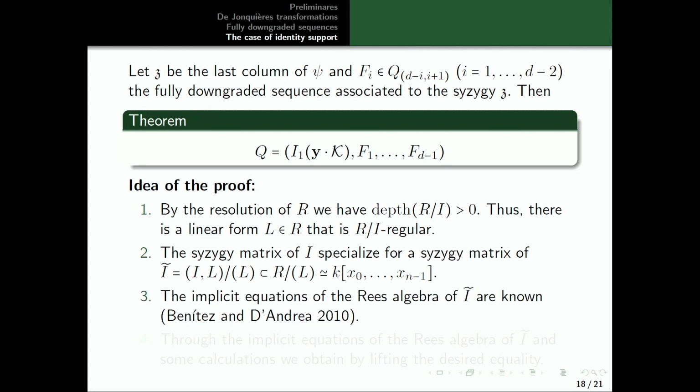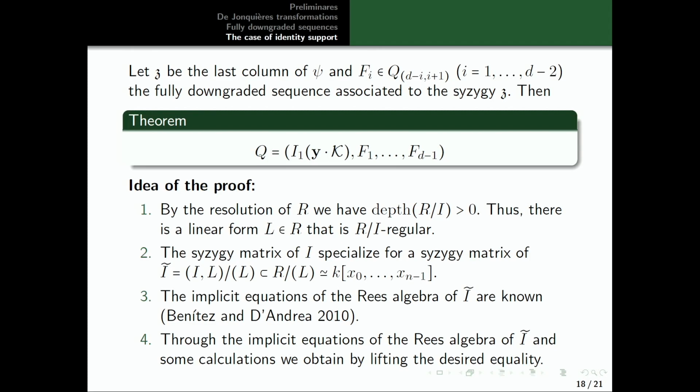The implicit equations of the Rees algebra of I tilde are known by a result of Benítez and D'Andrea. Through these and some calculations, we obtain by lifting the desired equality.